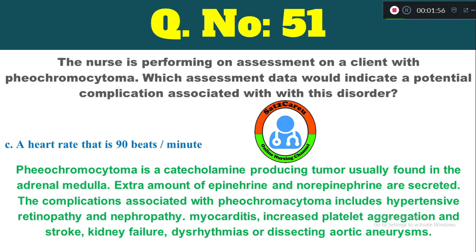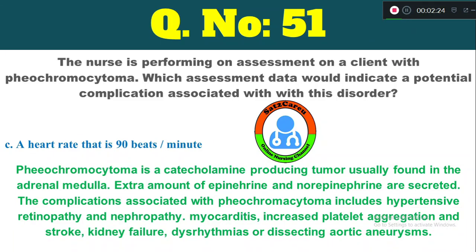Extra amounts of epinephrine and norepinephrine are secreted. The complications associated with pheochromocytoma include hypertensive retinopathy and nephropathy, myocarditis, increased platelet aggregation, and stroke. Kidney failure, dysrhythmias, or dissecting aortic aneurysms are also associated with pheochromocytoma.